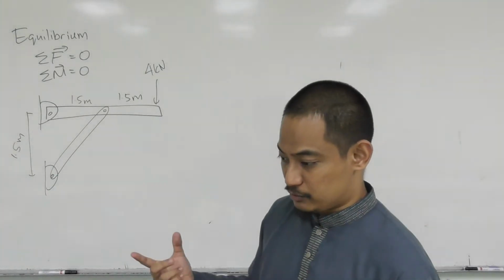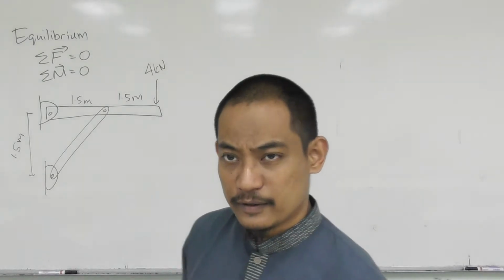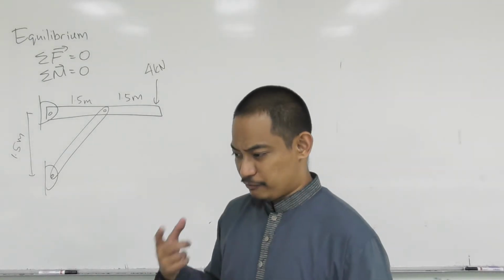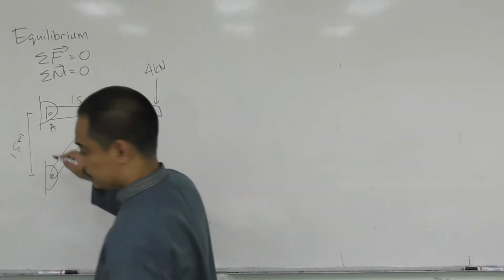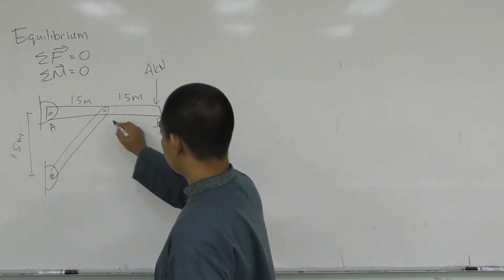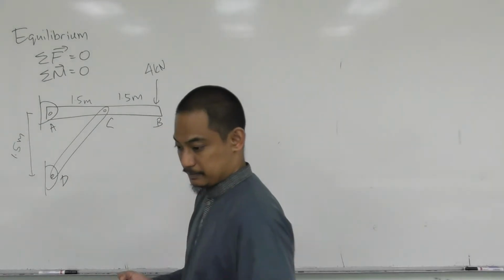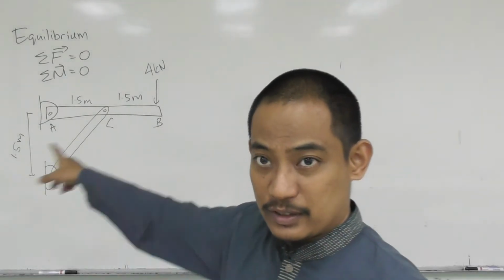That's basically the question. Given a 4 kilonewton load at B, and labeling the points A, B, C, D.